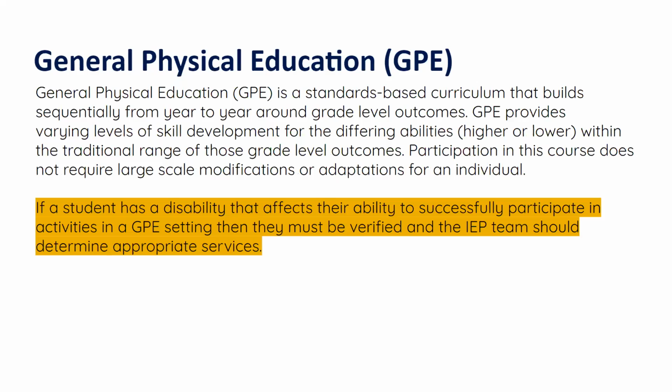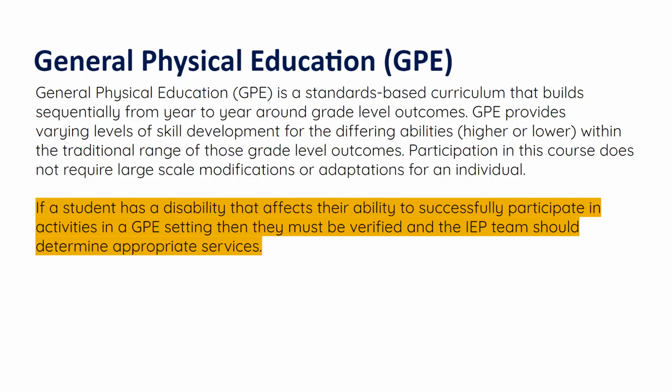So the options that students with disabilities have for physical education include general physical education. Many of the students are able to participate with their general education peers in physical education courses. So if a student has a disability, but they are able to ambulate appropriately to be part of that physical education class, then they can be enrolled in that class.